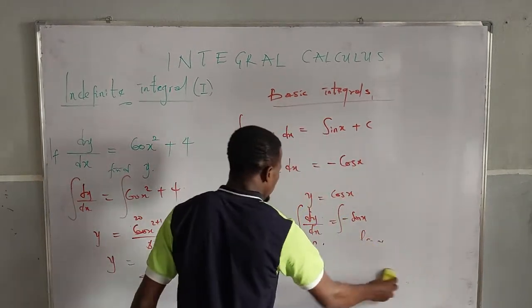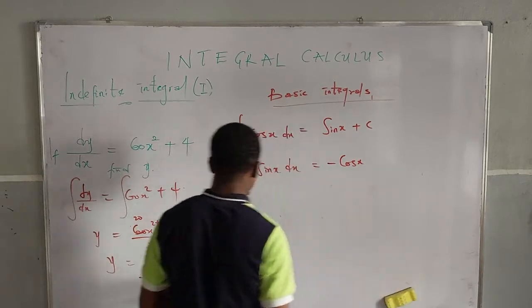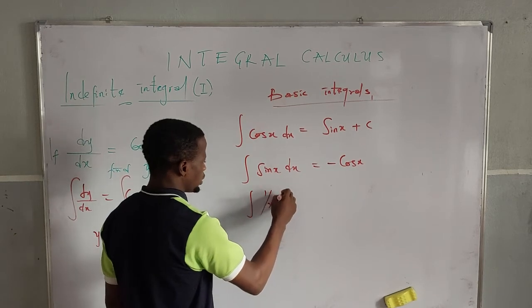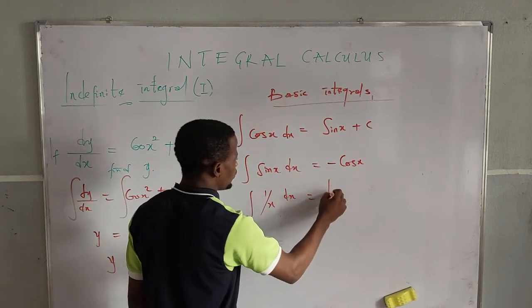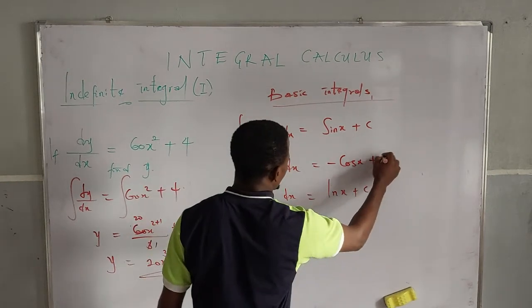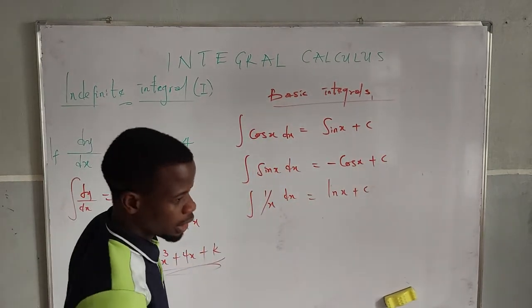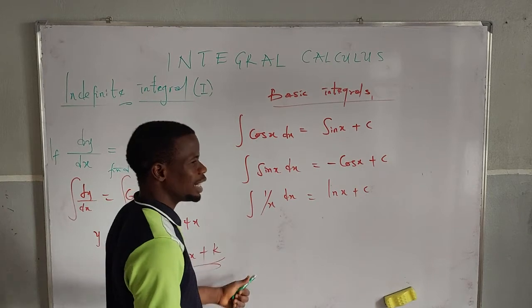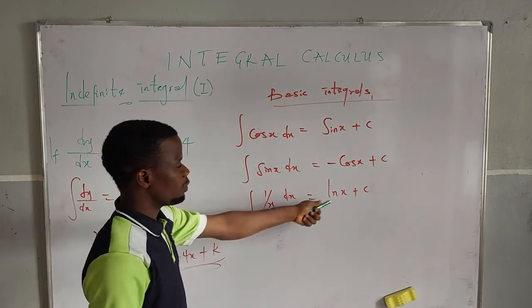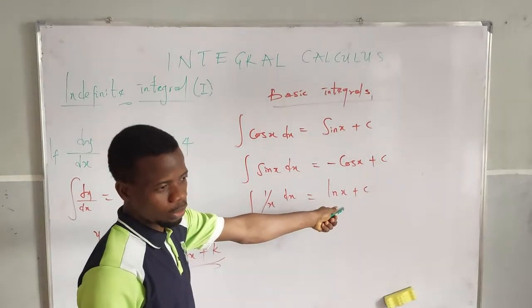Which other function do we have? If you integrate 1 upon x dx, we will have ln x. Put the constants. Are you getting that? If you integrate the reciprocal of x, we have the natural log of x.